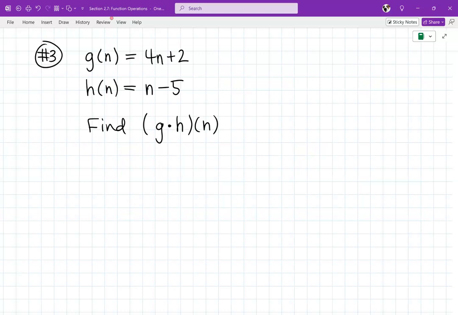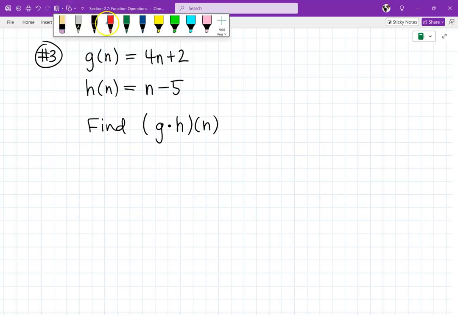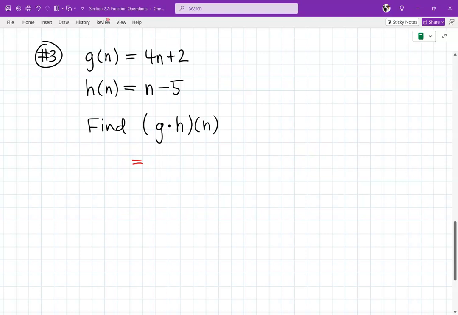Find g times h of n. So since it is written in that function operation notation, I'm just going to rewrite it. G of n times h of n. Now I know g of n is 4n plus 2. And I know that h of n is n minus 5.